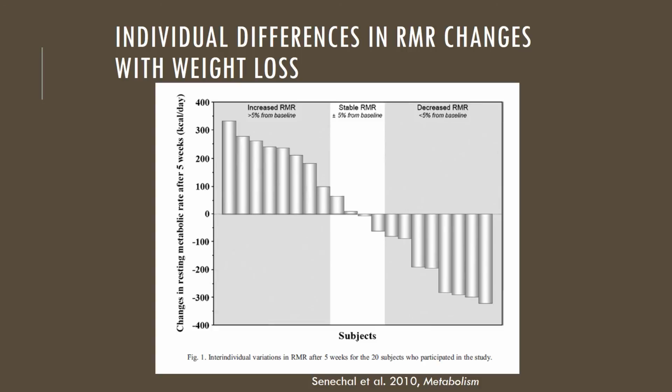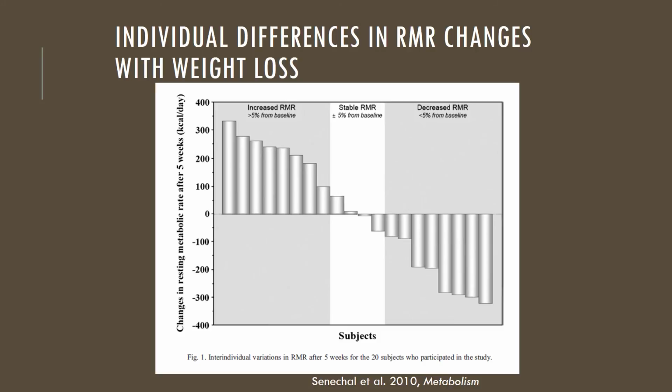Another important concept is that it seems like there are differences in the way individual people respond to weight loss. So in this study, they looked at resting metabolic rate after 5 weeks of weight loss.